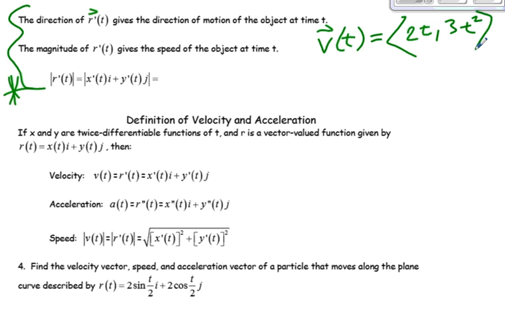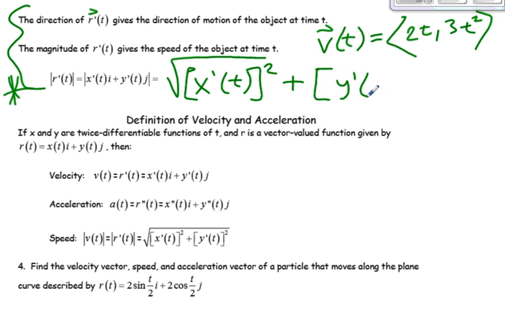That's the velocity vector, but if I asked you for the speed, you would calculate the magnitude of that vector, which I already said is basically the Pythagorean theorem. So it would be the square root of my x component squared, which here are derivatives, so that would be x prime of t squared, plus the y component squared.